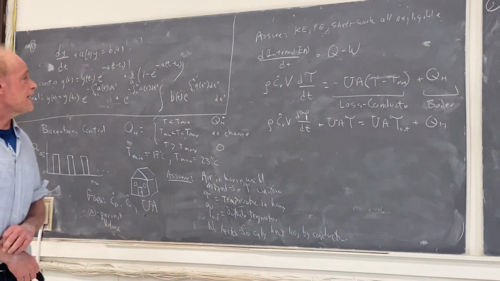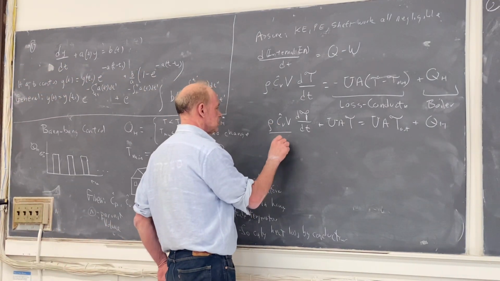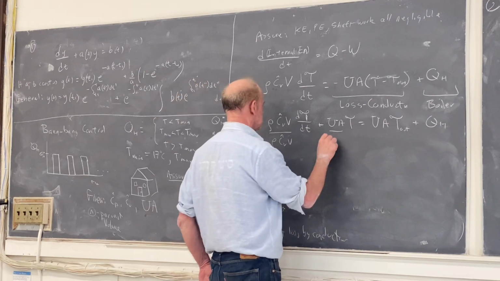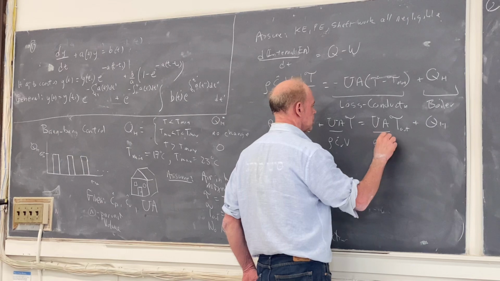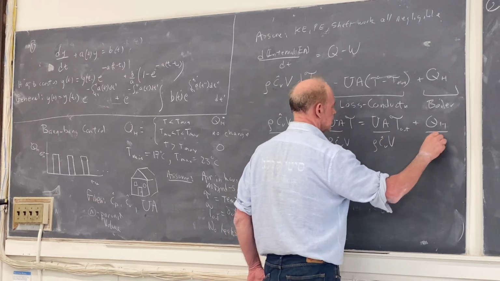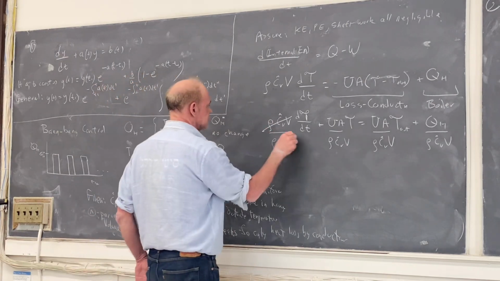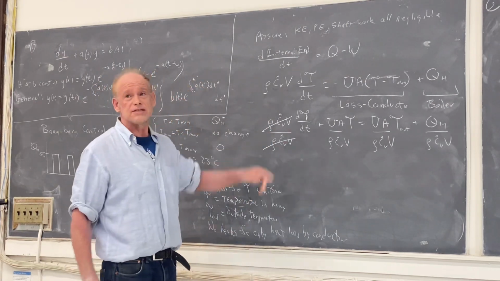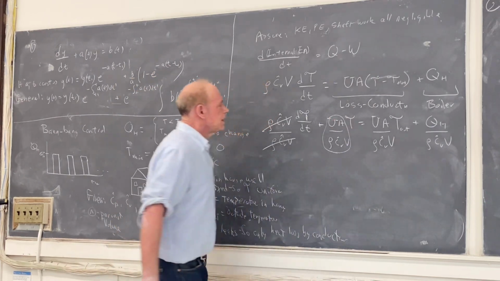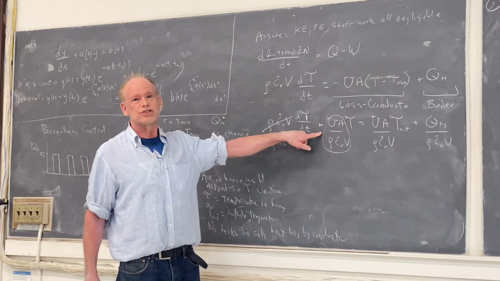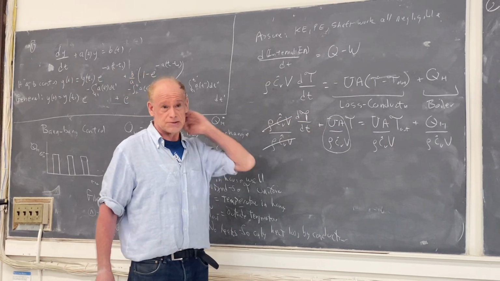Now I'm going to divide by rho C_V V. Here things cancel, and notice this is of the form I'm used to. This has to have units of inverse time, because this is temperature over time.